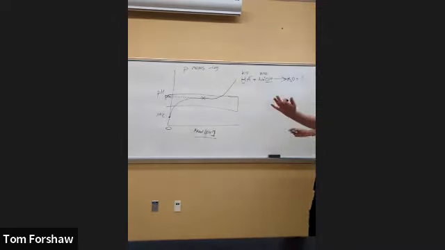And so what you're having here is a whole mixture of reactions going on. First of all, you've got your HA, and it's dissociating into H plus and A minus.